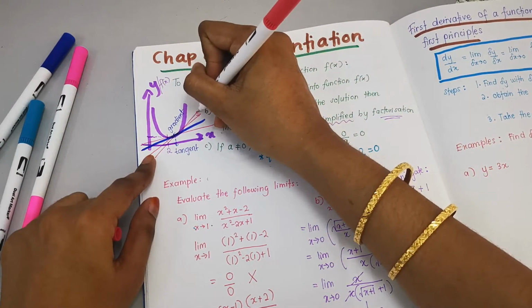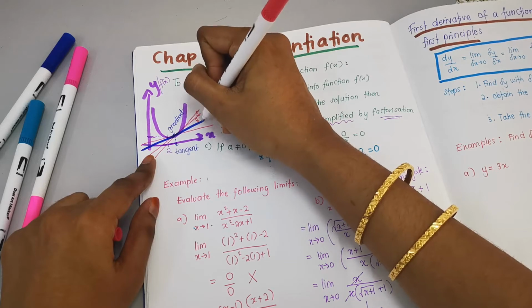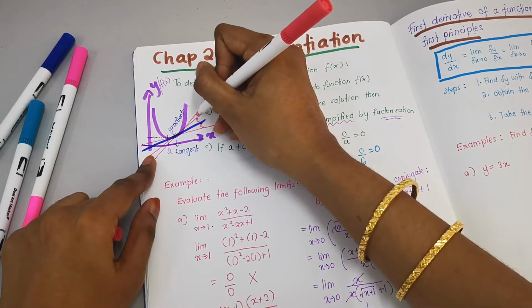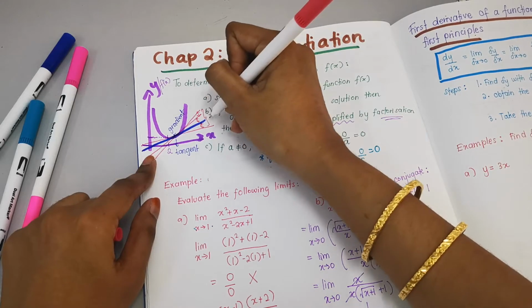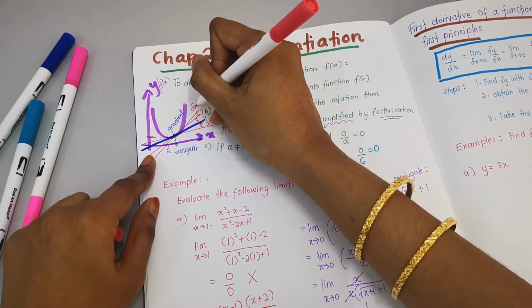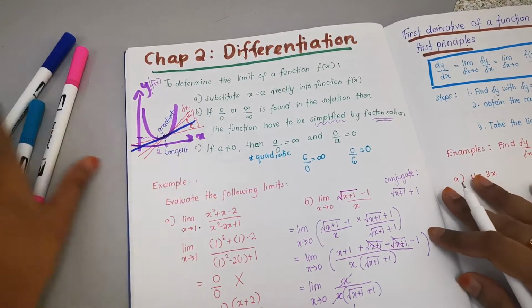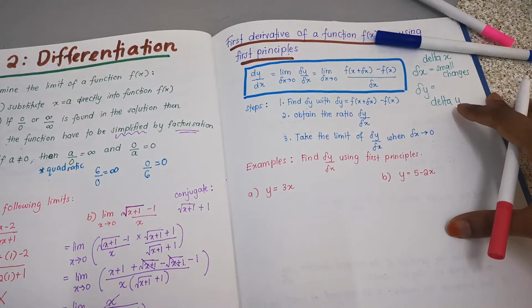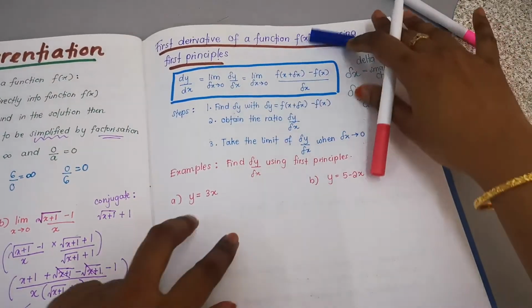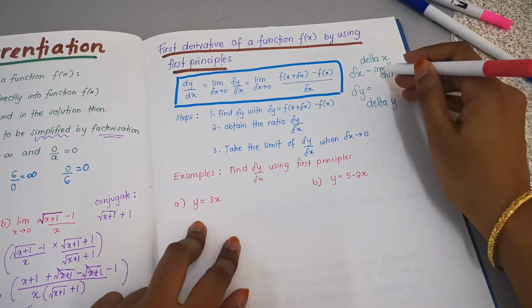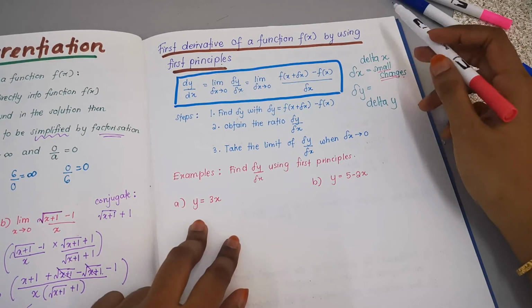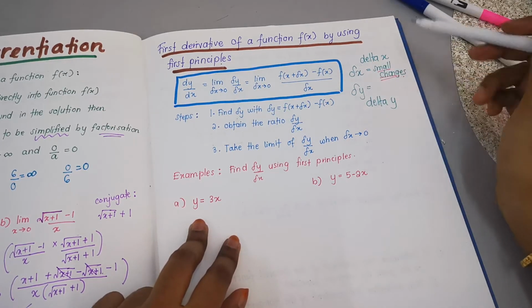So here to here, here to here, here to here, all right, there are some small changes happening, right? So this is called delta x, the small changes happening. Now look at this. So that is delta x. So the small changes that are happening, and now we want to find the first derivative using the small changes.